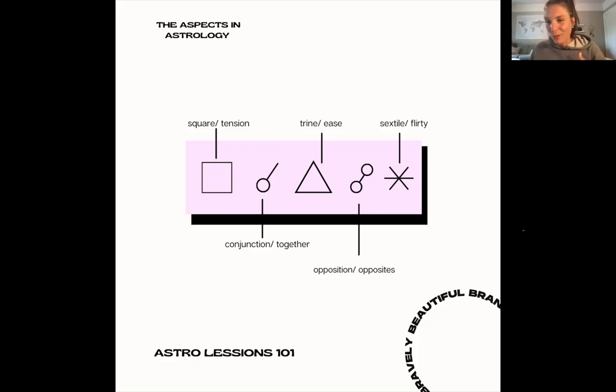Here's an example of what's going on globally in the world ever since 2021. There's a square between Saturn, which rules structure, and Uranus, which is revolutionary energy. So these two planets are in a square, and they have been ever since 2021.